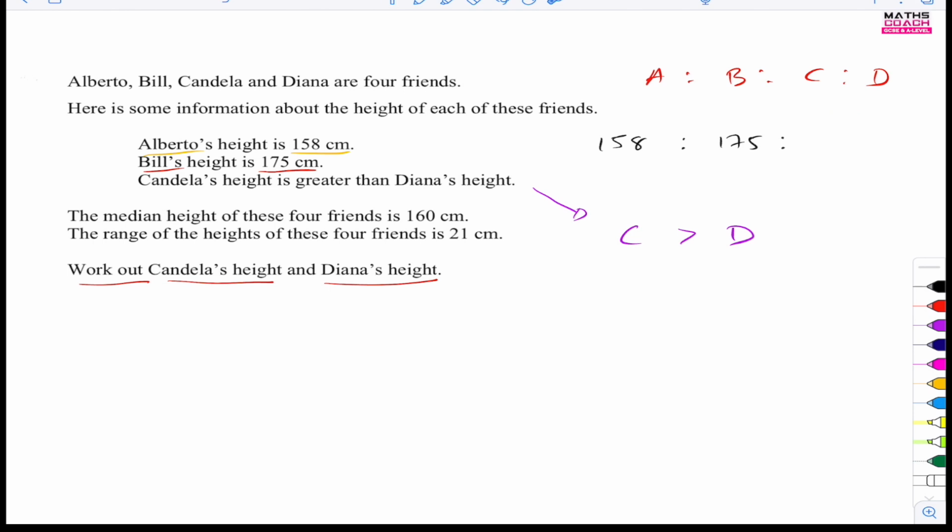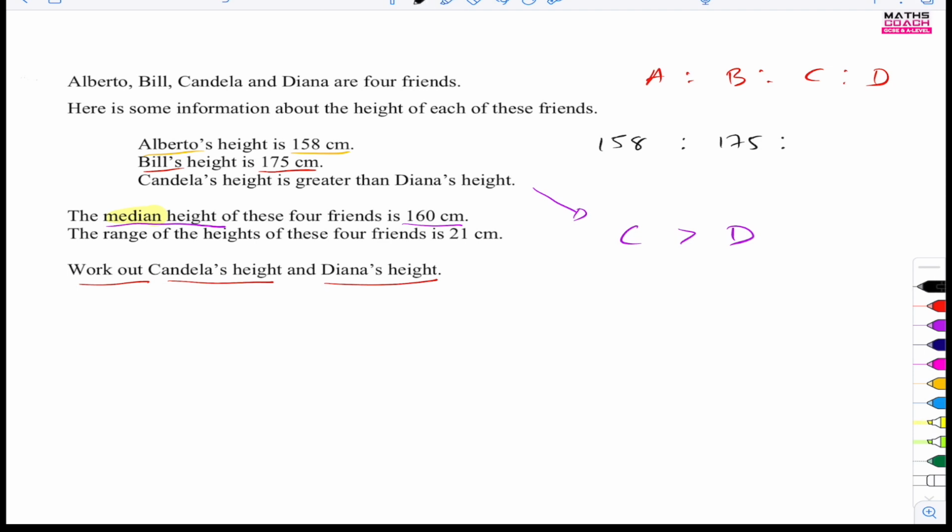It says the median height of these 4 friends is 160. Let's just pause there. What is median? Let's remind ourselves. Median is when you put the data in order, from the smallest to the largest, and you find the one in the middle.